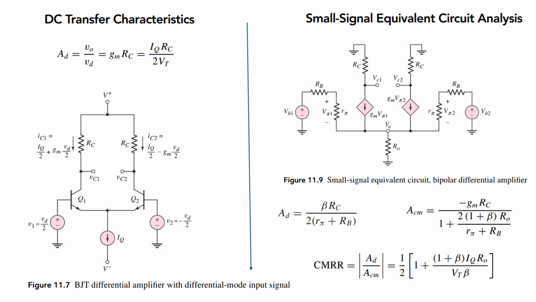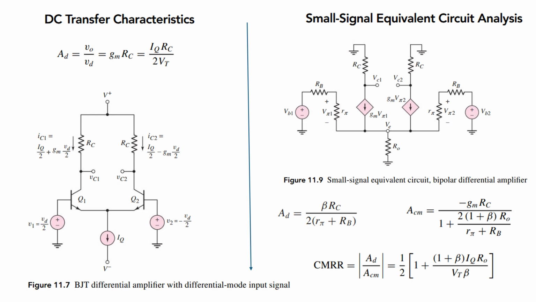So now the DC transfer characteristics. How will you calculate them? Again, you perform the DC analysis with the same circuit. You can write VCC minus ICRC and find out VC1. Similarly, in the right loop, you can write V plus minus ICRC, which equals your VC2.